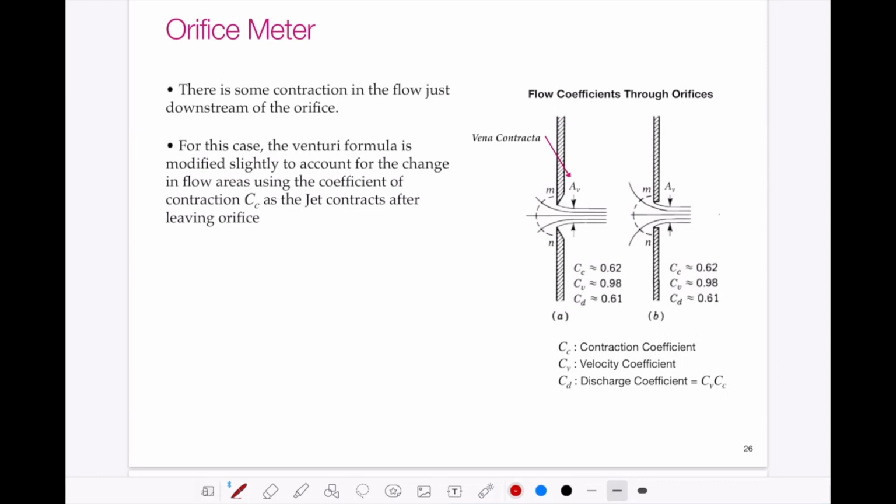So if we use our definition, we can write A2 is equal to our contraction coefficient times A0 for some other point down in the flow. So let's assume we have 0.2 down here or 0.2 down here, and this area here is A0.